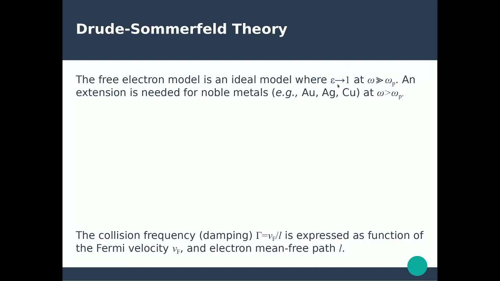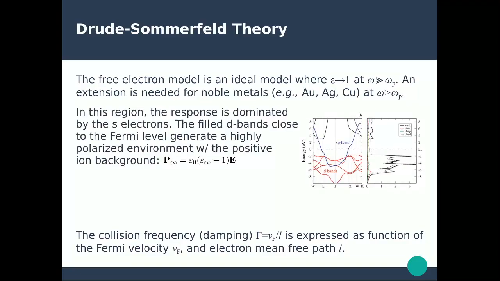So in fact, an extension is needed for noble metals when the frequency is larger than the bulk plasma frequency. The reason is because in this region, when you have large frequencies, or basically large energies, the response is actually dominated by the s electrons. So we have the s electrons that are in the conduction band that dominate the response.